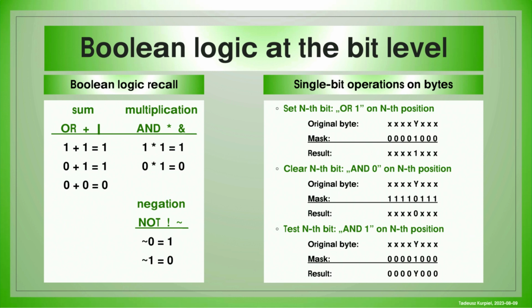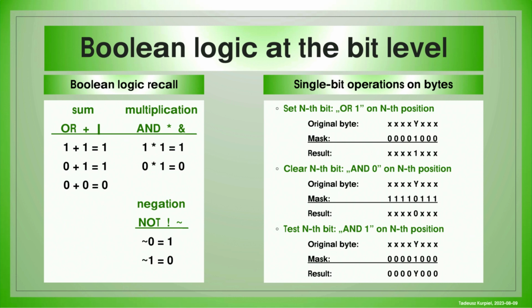To clear, or reset, or set to 0 the nth bit in some byte, it's enough to make the AND operation between that byte and the mask consisting of all ones and only one 0 at the nth position. And to test the current value of some bit, we need to make the AND operation between its byte and the mask having 1 at the nth position, and with all remaining bits reset to zeros.